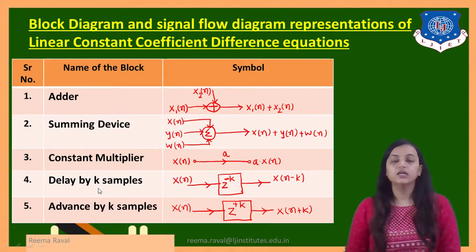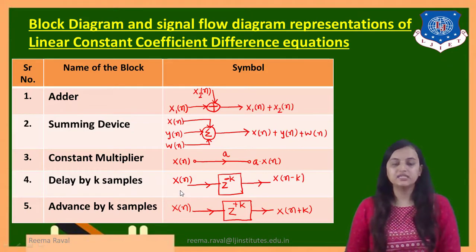Now next is delay by k samples. Whenever the delay by k samples block is used in any signal flow diagram representation, it is indicated like this. Over here z raised to minus k is indicated. Whenever this block is given to the input, it will delay the input signal by k samples.